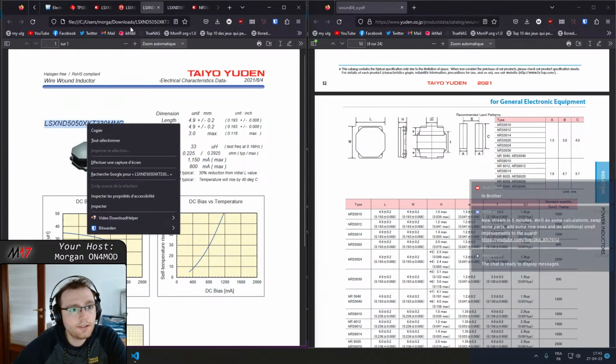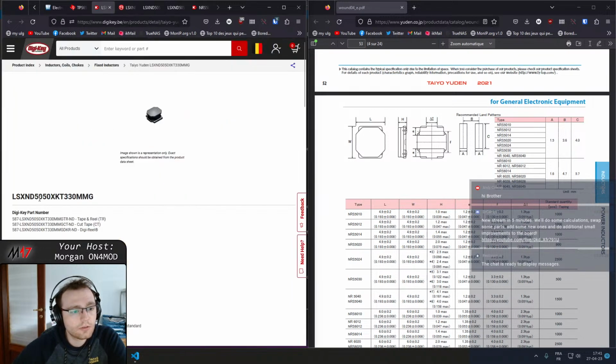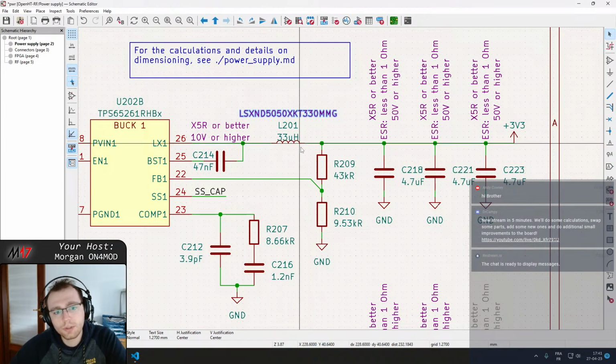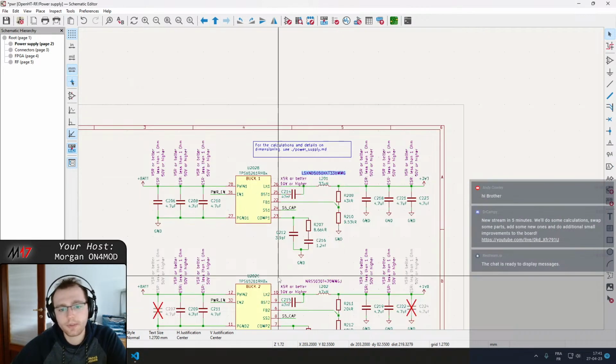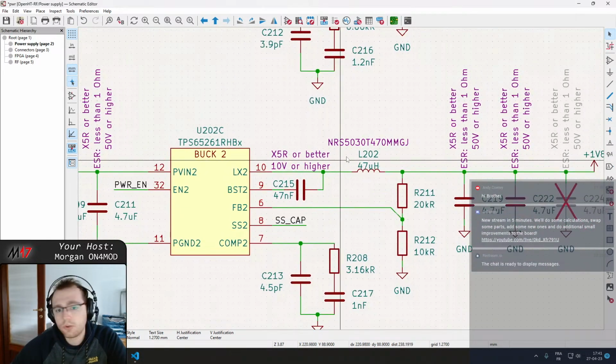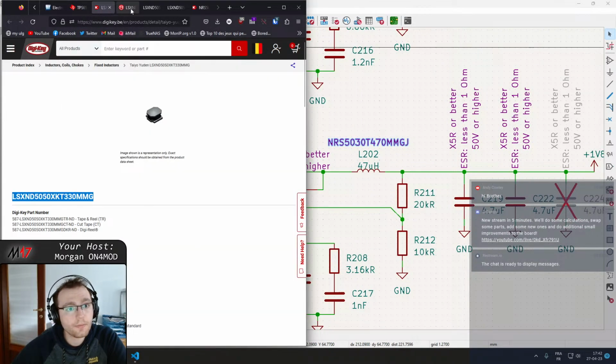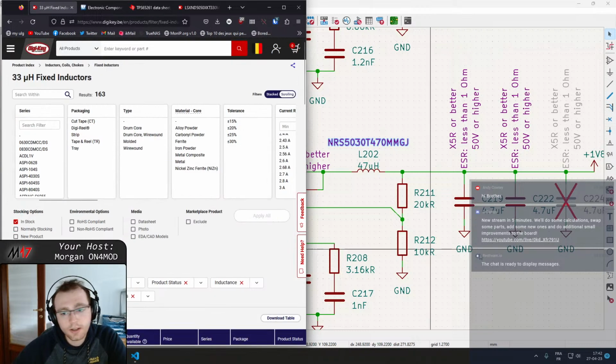So then it's easy. We go on DigiKey, we copy that, we go to the schematic, and we modify the value. Done. We are gonna do the same for the 1.8 volt coil. So go here, and it's 47 microhenries.